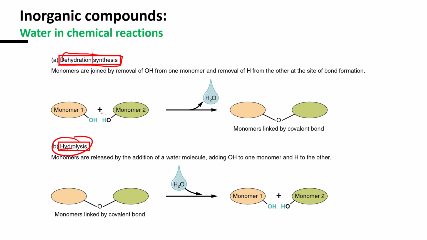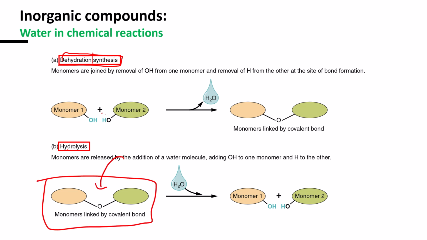Hydro always refers to water, and lysis refers to breaking down. So we have a product here, right? And if you add water to that reactant, it can separate and cause hydrolysis, which will cause the separation of these monomers.